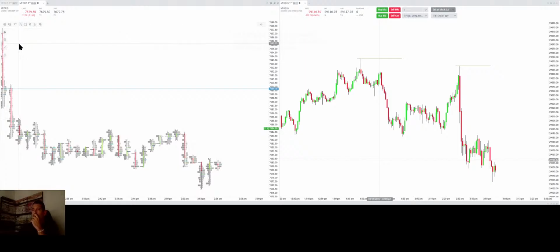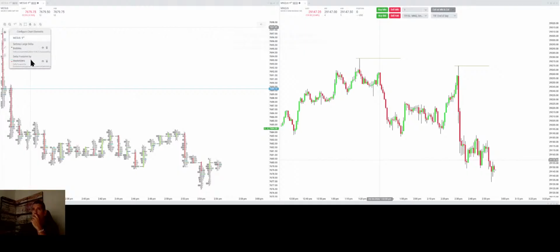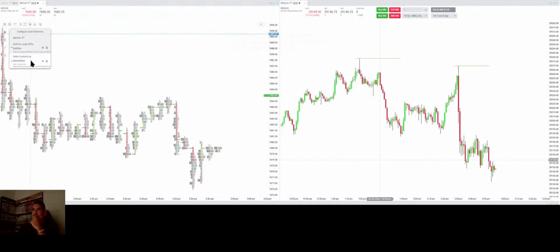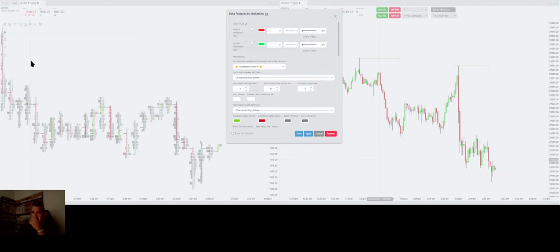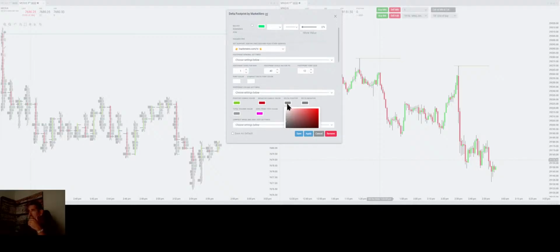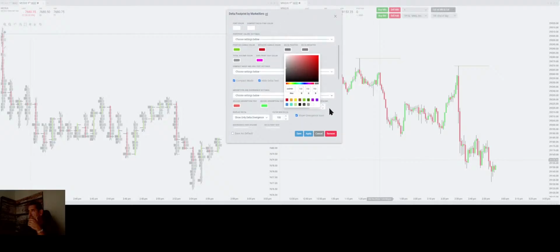So now we have the volume and it's gray. I don't like that. So, right. Positive delta. Let's see. What are we doing? We're doing blue? Yeah. Negative. Let's do purple.